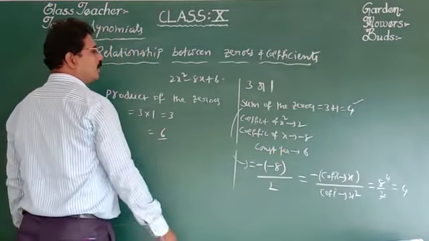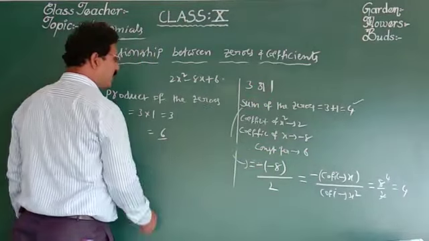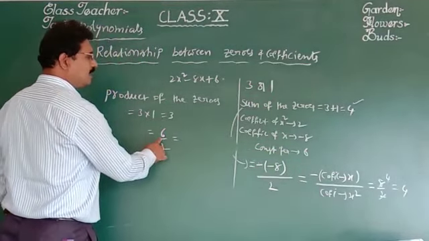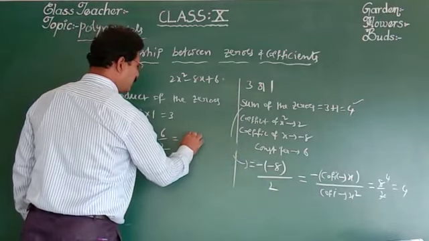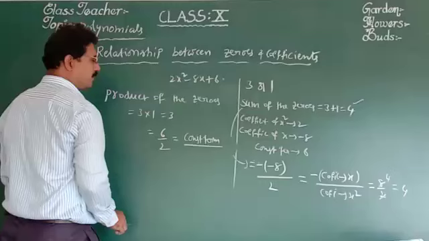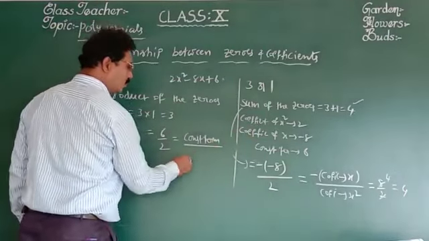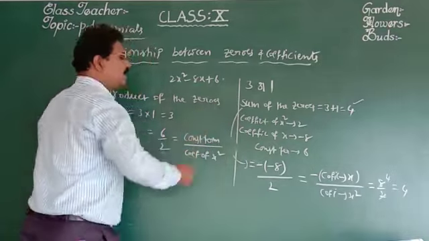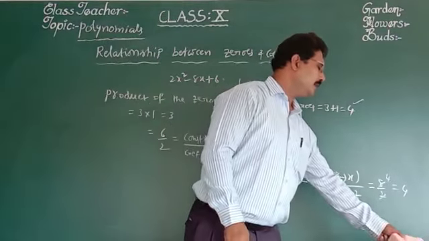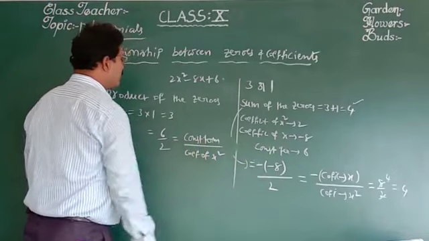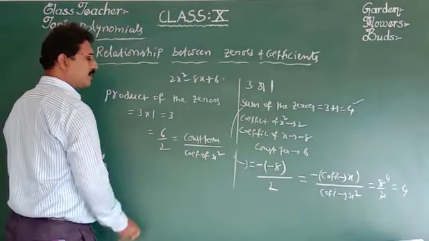By the coefficient of x square, what is it? 2. So 6 is the constant term, and 2 is the coefficient of x square. Constant term by coefficient of x square is equal to 6 by 2.